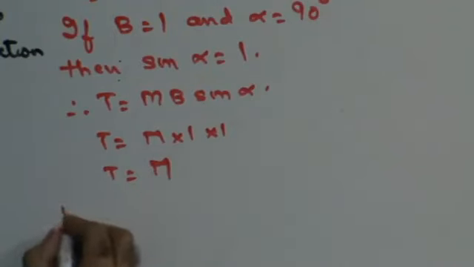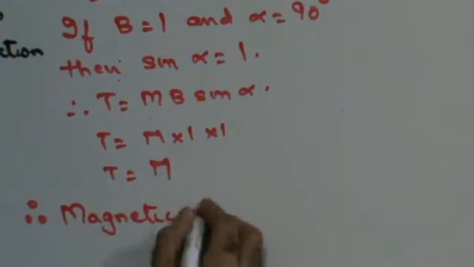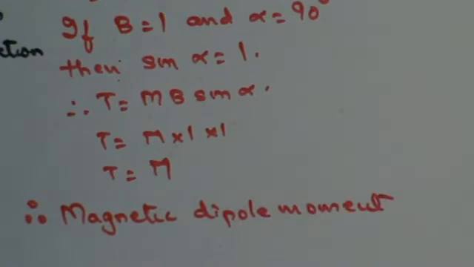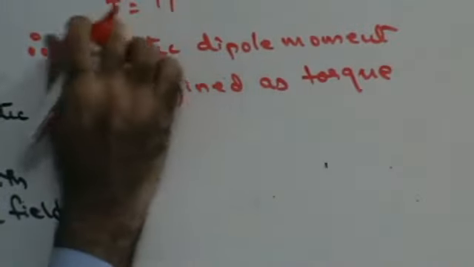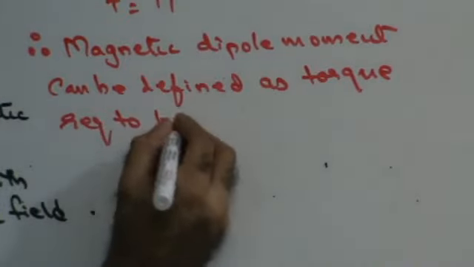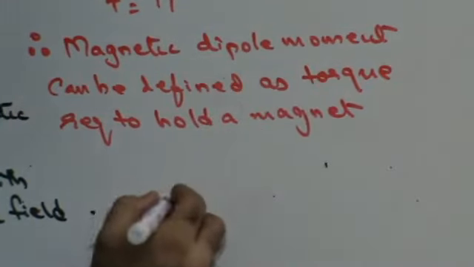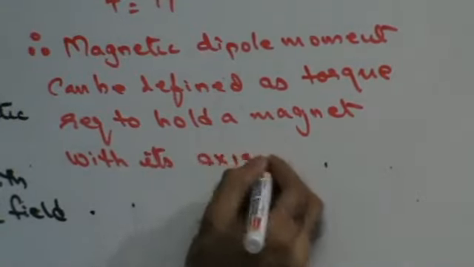I can also define, therefore I can say, what is magnetic dipole moment? Magnetic dipole moment can be defined as the torque, here see M is equal to T, so torque required to hold a magnet with its axis perpendicular.